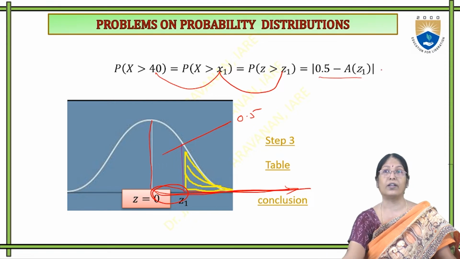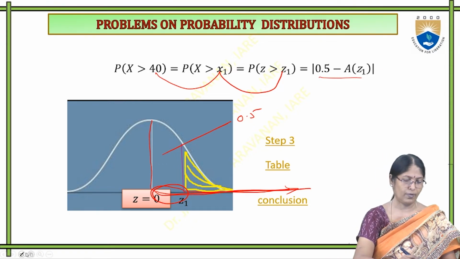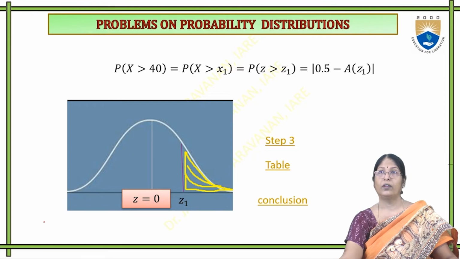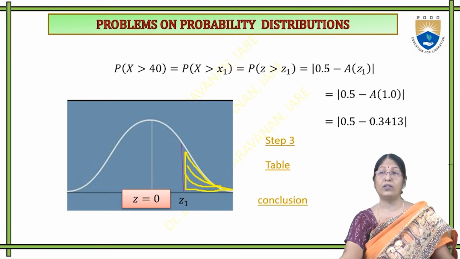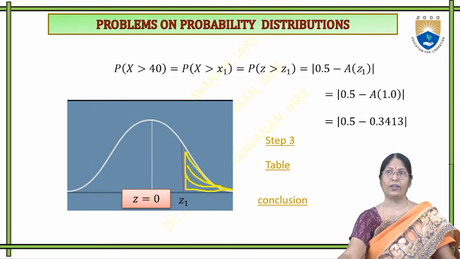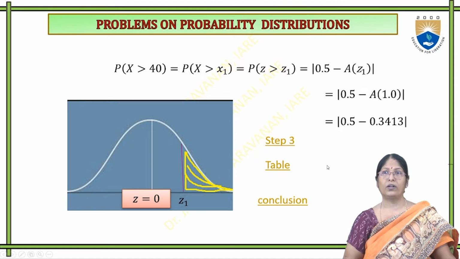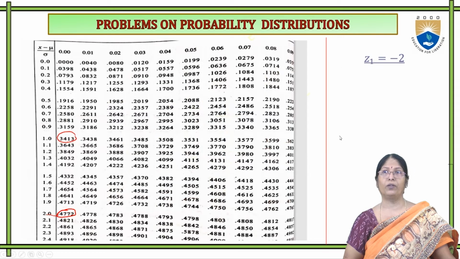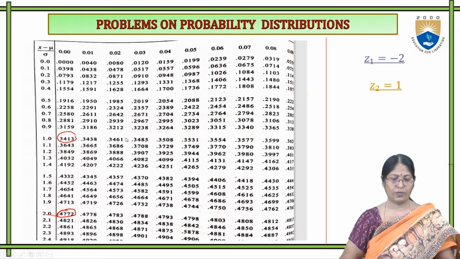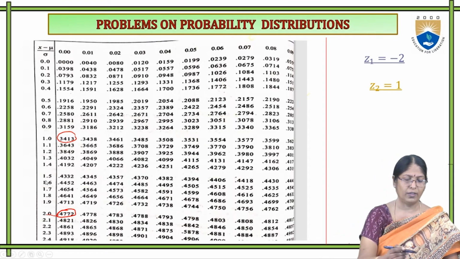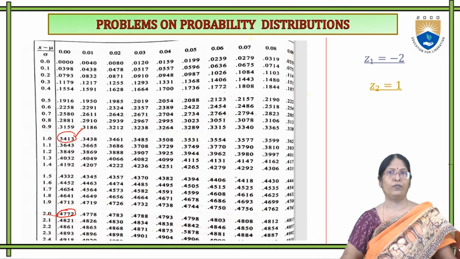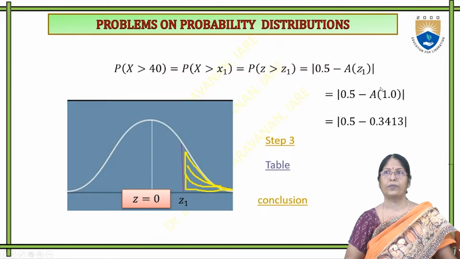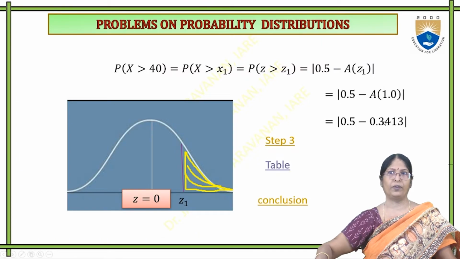That is what is written here. So our z1 we calculated as 1, and 0.5 minus 0.3413. This data we can see with the use of the normal table here. Yes, it is already marked here. This is 1. This value only we picked and wrote.